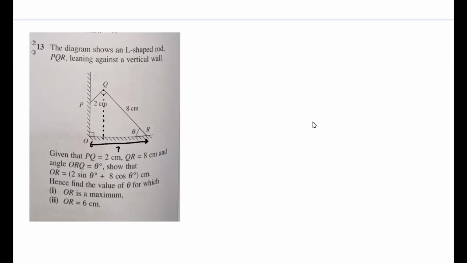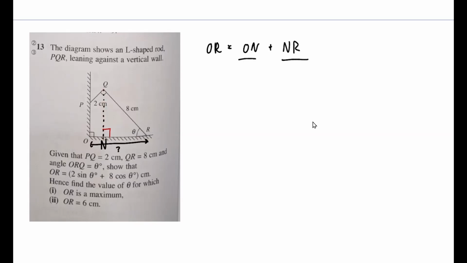A perpendicular drop down from Q to the base OR. So that's a 90 degrees here, right? So we essentially split our OR up into two pieces, this length here and this length here. Let's call this point N, the place where the dotted line lands on OR. So that means OR can be split into ON plus NR, right?